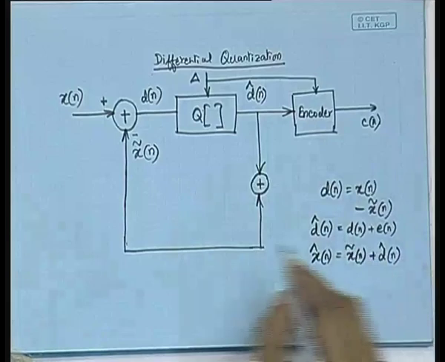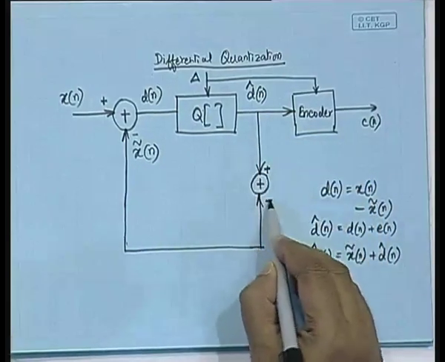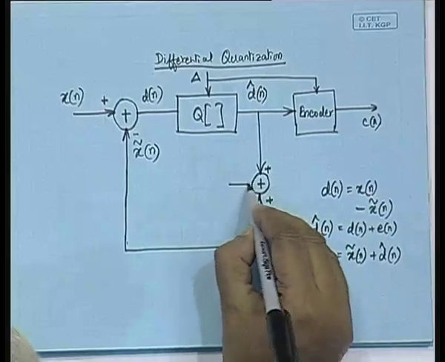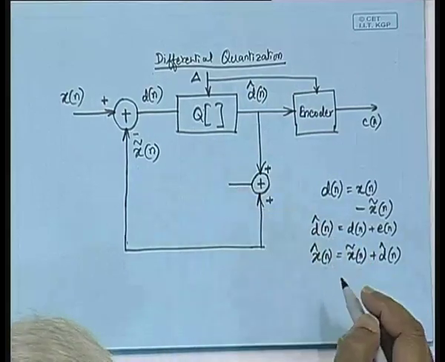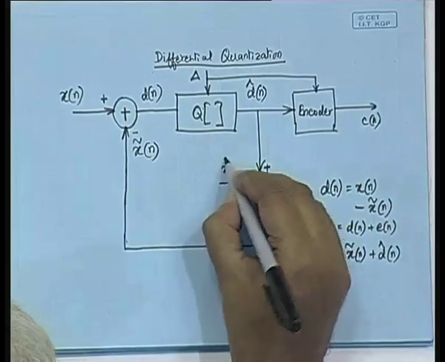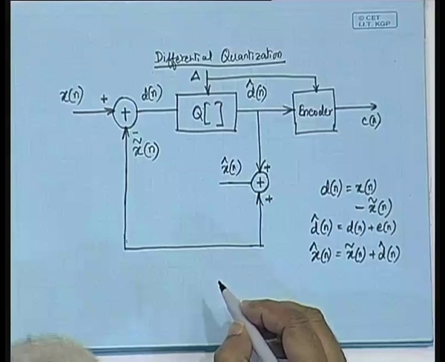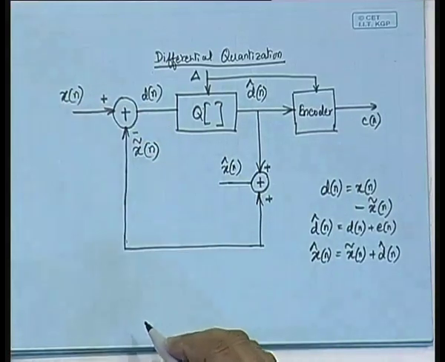This you have already said. So x tilde of n plus d cap of n, both with a plus sign, and at this output we are going to get what we call x cap of n, or in other words the quantized form of this x of n.